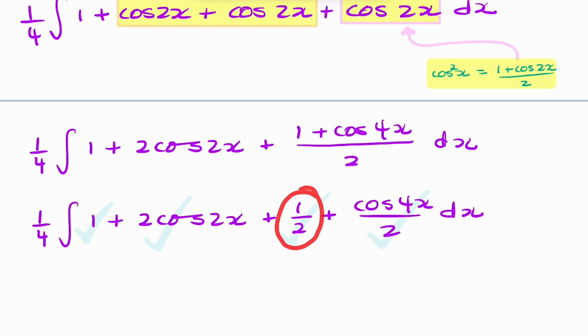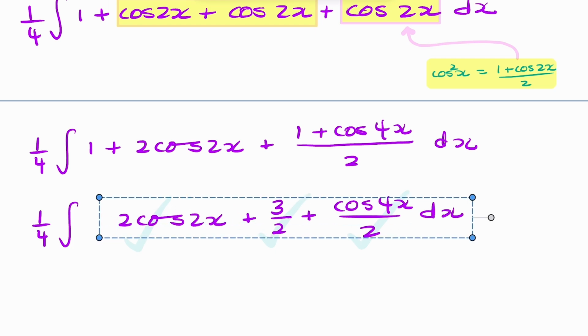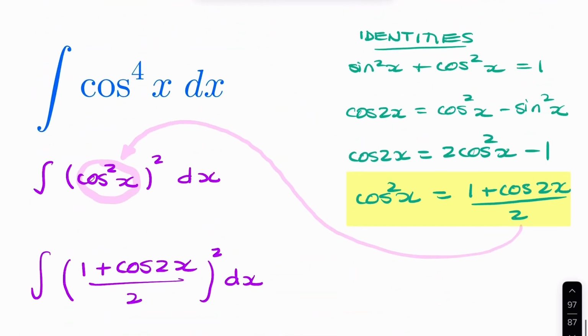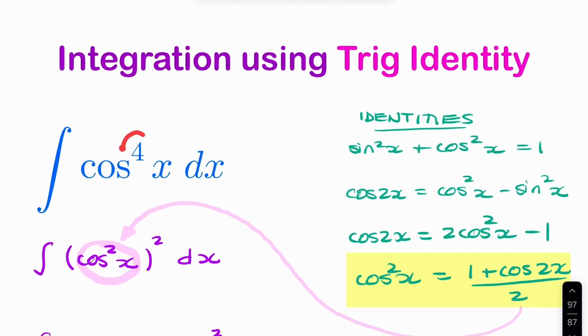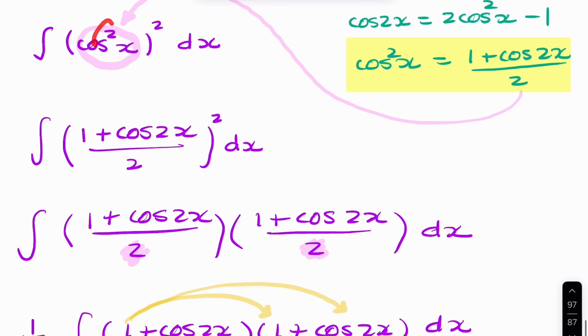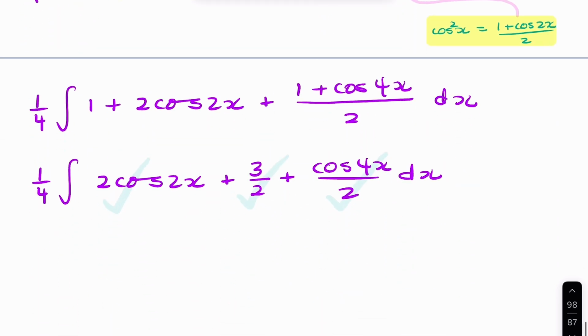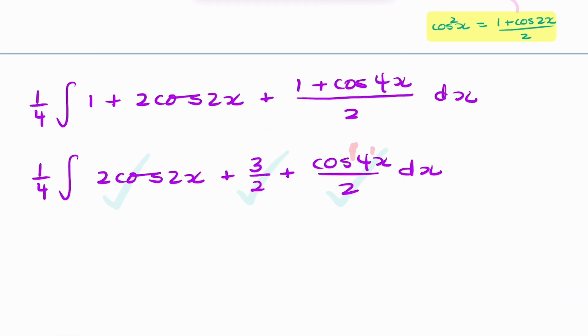We can actually just add these two together. So let's just call that 3 over 2. And then we've eliminated the half. There, so much easier than it was. So our cosine to the power 4, we reduced that to the power 2. Now we've reduced the power 2 down to a power 1, and now it's easily integrable.